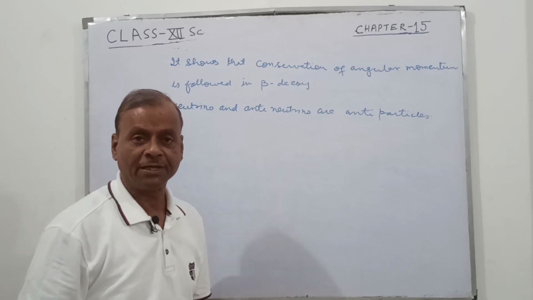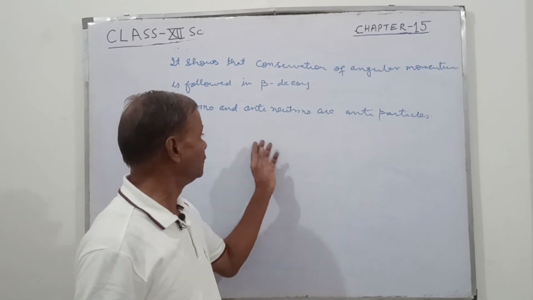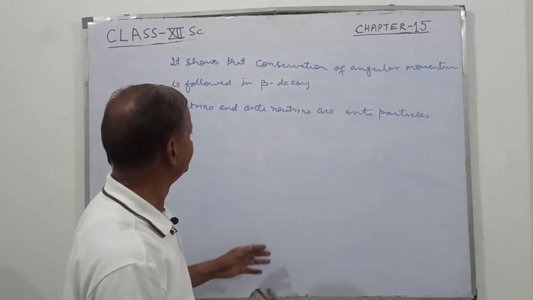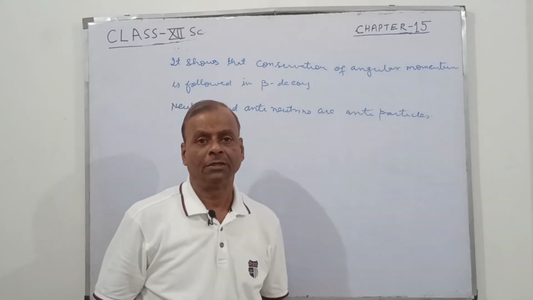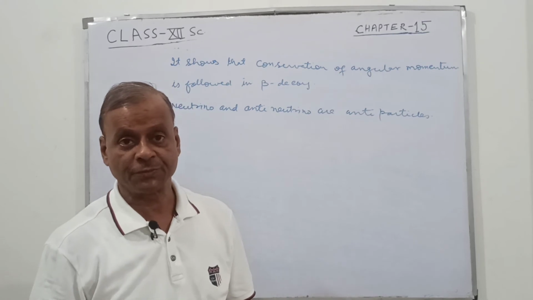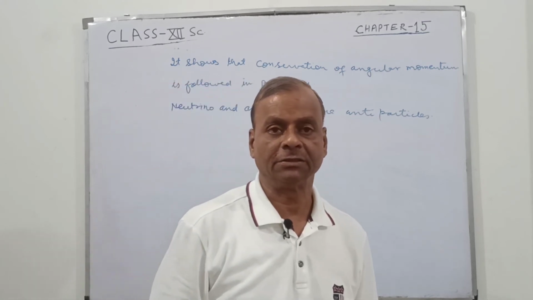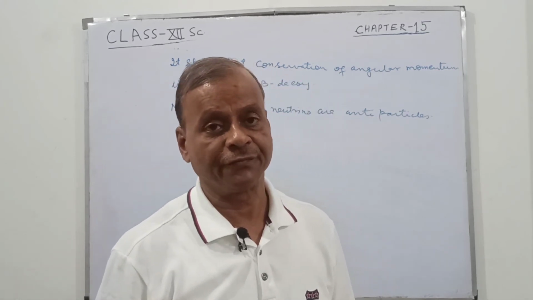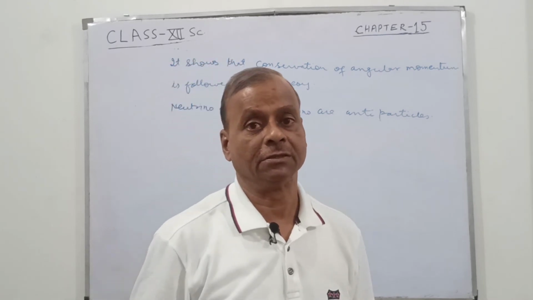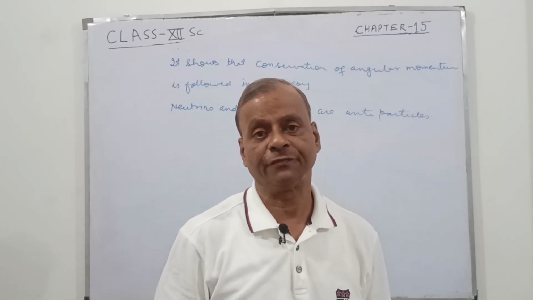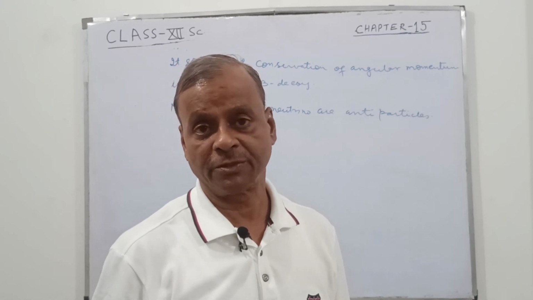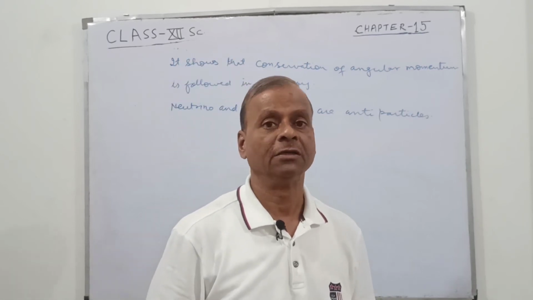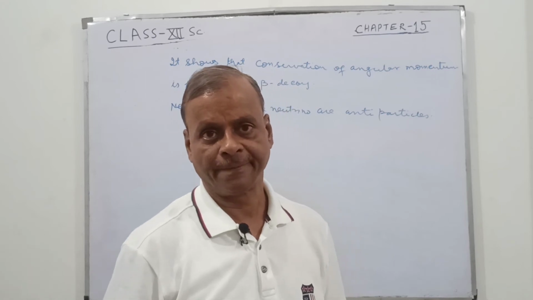When beta plus particle is emitted, there is the emission of neutrino. Thus, this is very fruitful, that the hypothesis of Pauli shows that the laws of conservation of energy and angular momentum are followed, which were supposed to be violated during the beta emission.